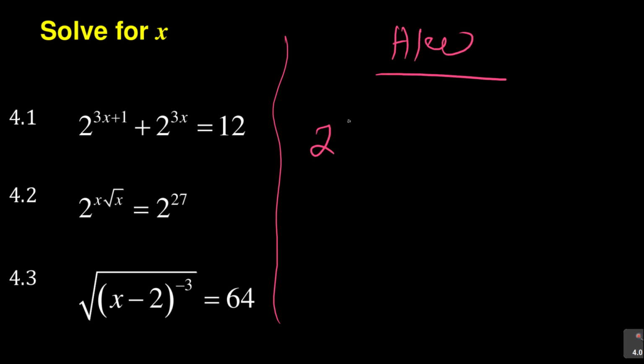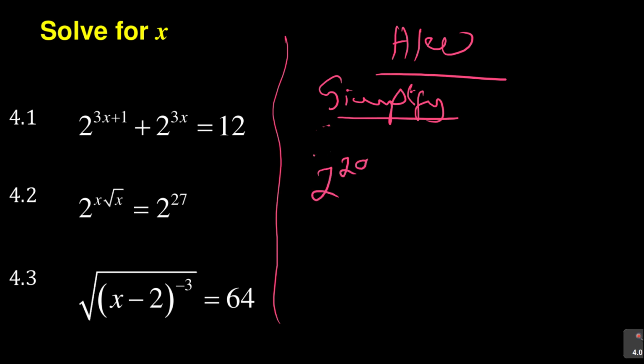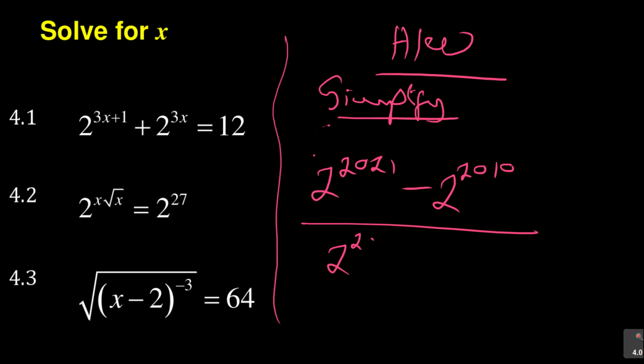If I say simplify without using a calculator, and then I say to you, what you have is 2 to the power 2021 minus 2 to the power of 2010, all over 2 to the power of 2007. How will you simplify this?